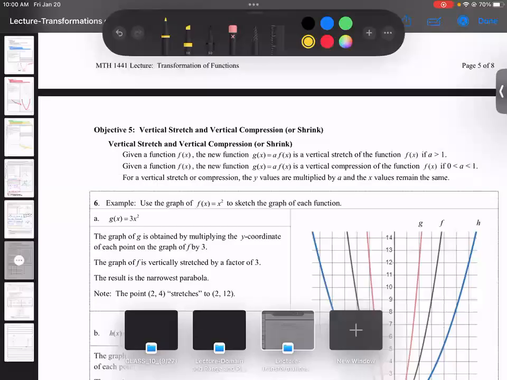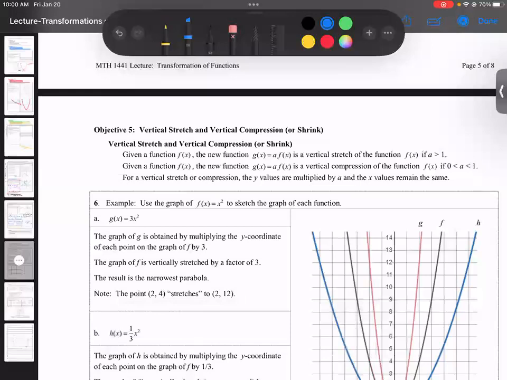The function f of x, vertical stretching, then we're going to have a vertical stretch. Maybe I'll say get steeper for the linear, or usually I just say get narrower.